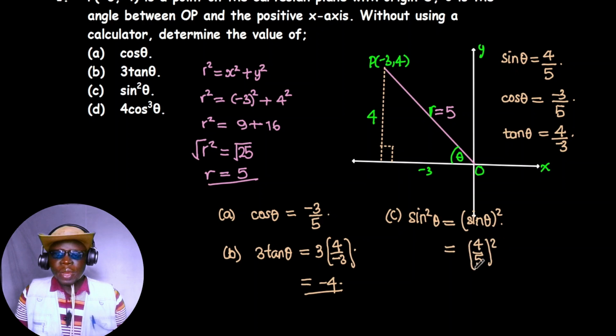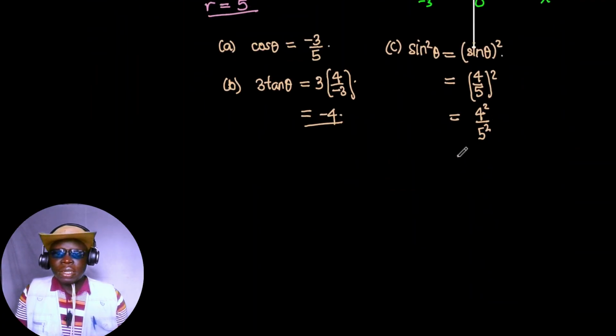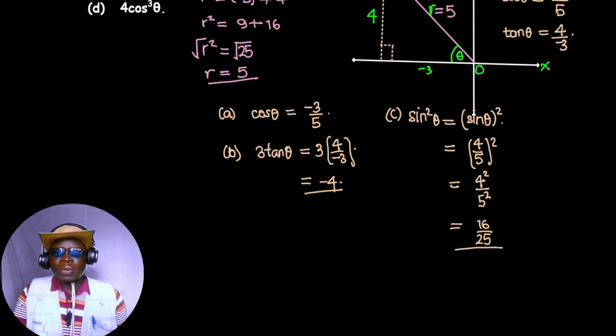When we are squaring a fractional number, we can distribute this exponent to the numerator, that is 4 square, and also to the denominator, and that is 5 square. So doing that, the square of 4 is 16, and the square of 5 is 25. So that is the solution for part C of the question.